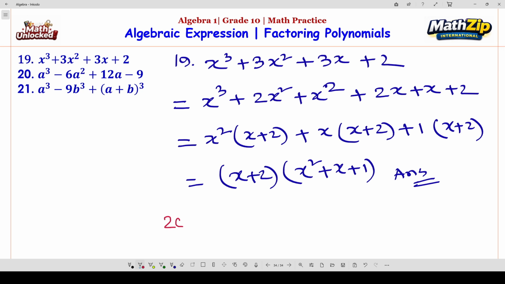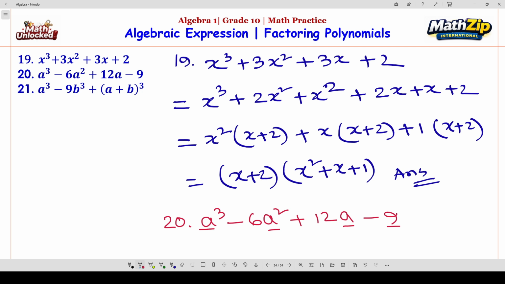Question 20. Here is a cube minus 6a square plus 12a minus 9. How can we simplify this one? A cube, a square, a, and here is something.